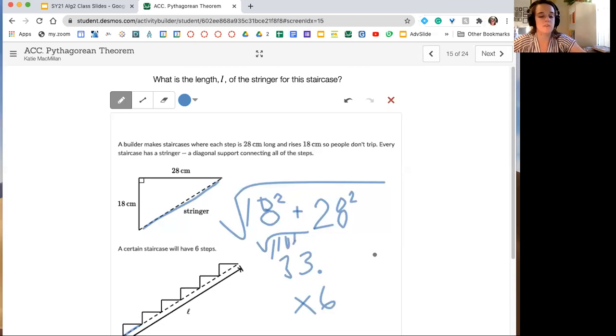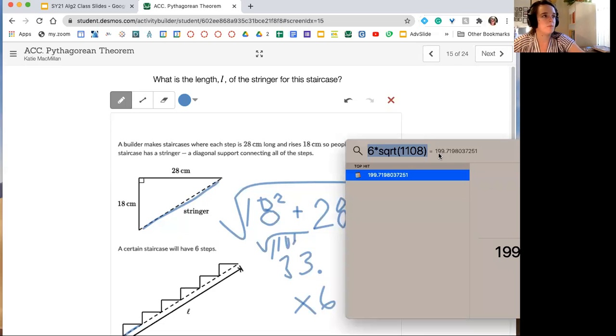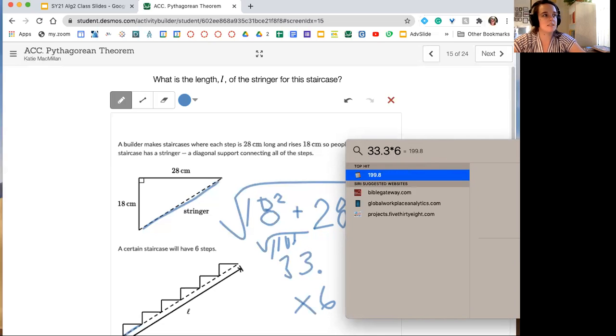When you take the square root of that, you should get 33.2866339542, right? And if you multiply that times 6, you should get 199.7. What I'm seeing a lot of is people saying, okay, this is 33.3 if I round. 33.3 times 6 is 199.8.